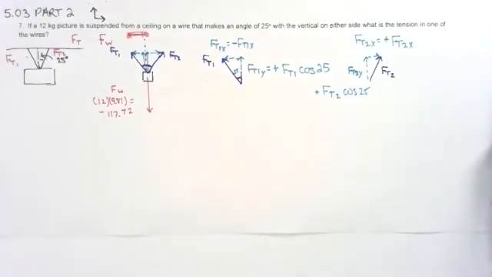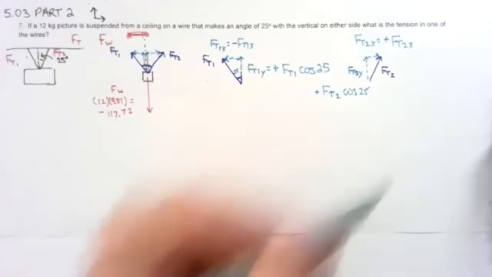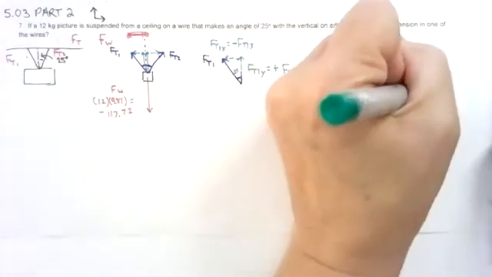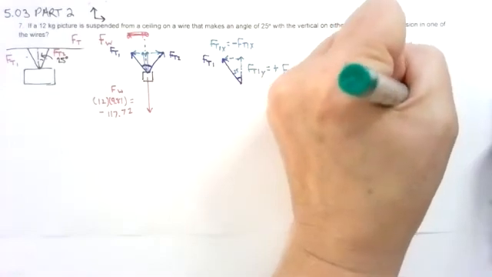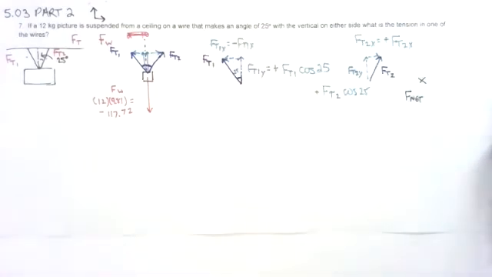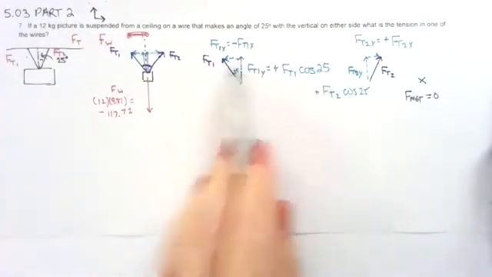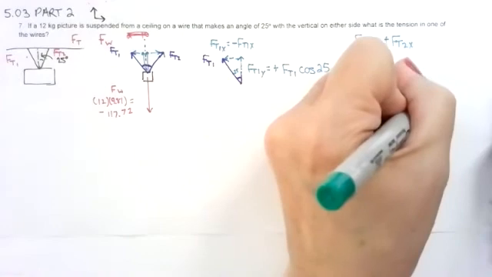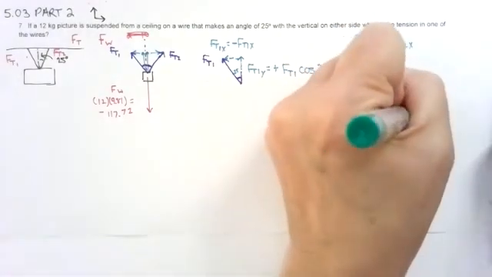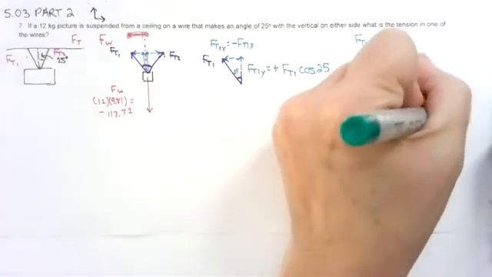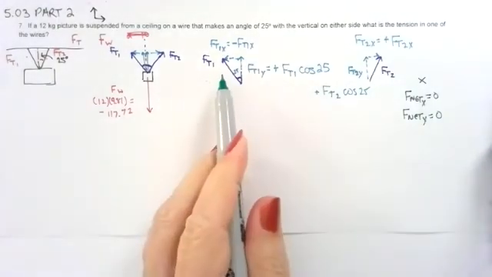So where's my motion analysis? Well, we're hanging there. We have no motion. So that means that my F nets have to be equal to 0. That means that in my horizontal, my F net X has to be equal to 0, and my F net Y has to be equal to 0, because I have no motion.